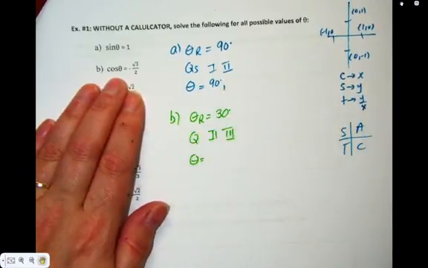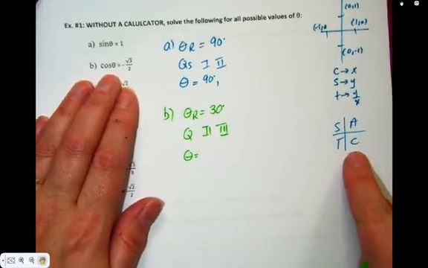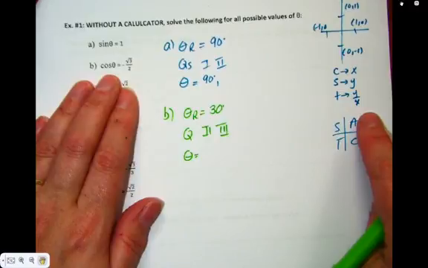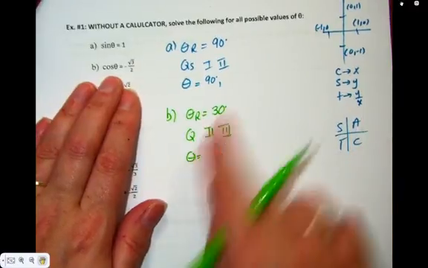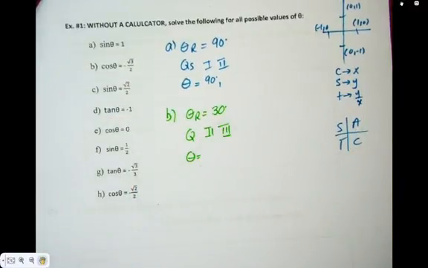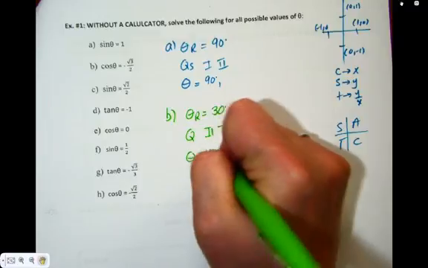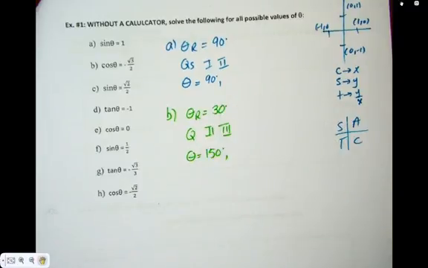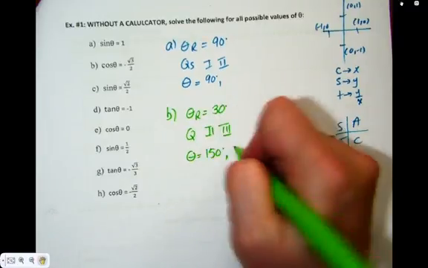It's negative, so it's not quadrant 1 and it's not quadrant 4. Now we just give the angles. How do I find it in quadrant 2 if my reference angle is 30? 180 minus 30, we expect you to be able to do this without a calculator. And then quadrant 3, 180 plus 30, 210.